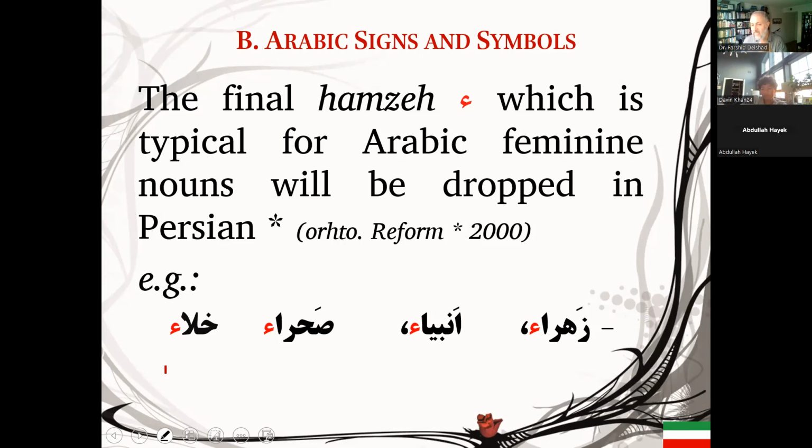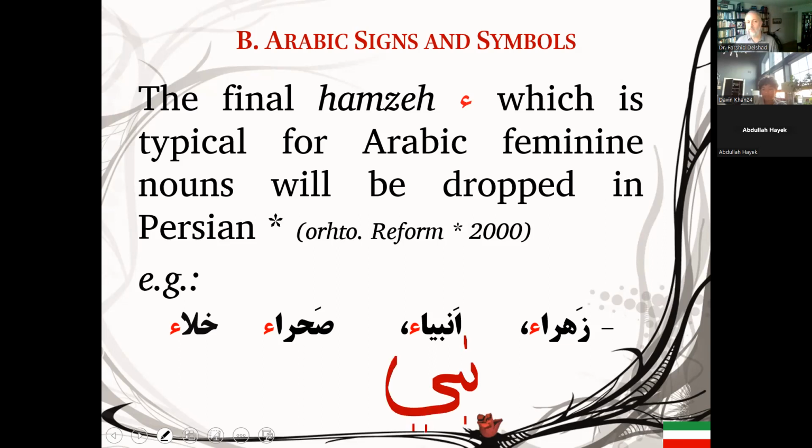Look at this word Zahra, which is the name of the daughter of the Prophet Muhammad. In Arabic, Zahra also means luminous, it means also flower. We don't talk about the meaning now, because it's a proper name. And then the word Anbiya, which means prophets, the plural of the word Nabi, also Arabic.